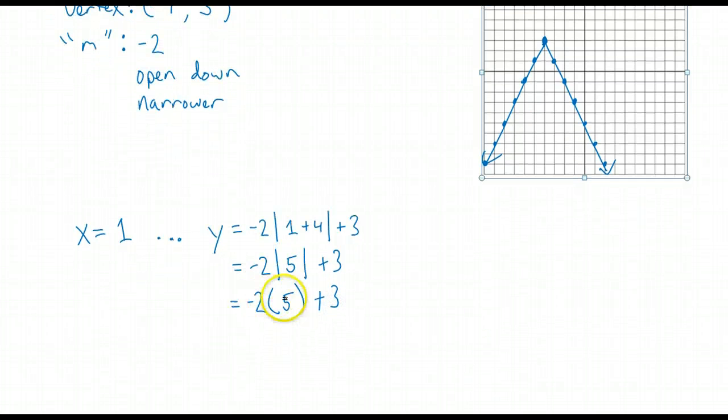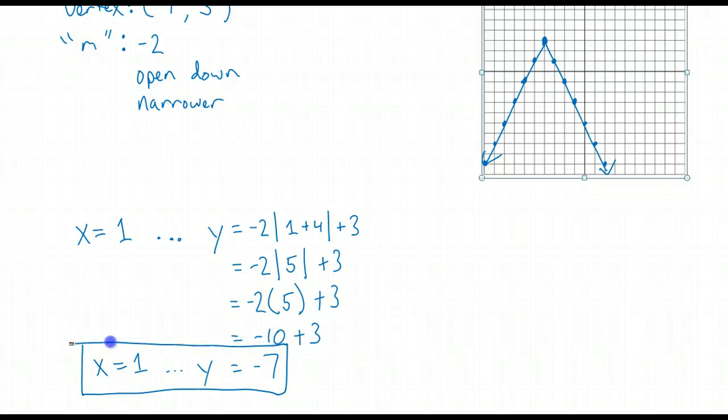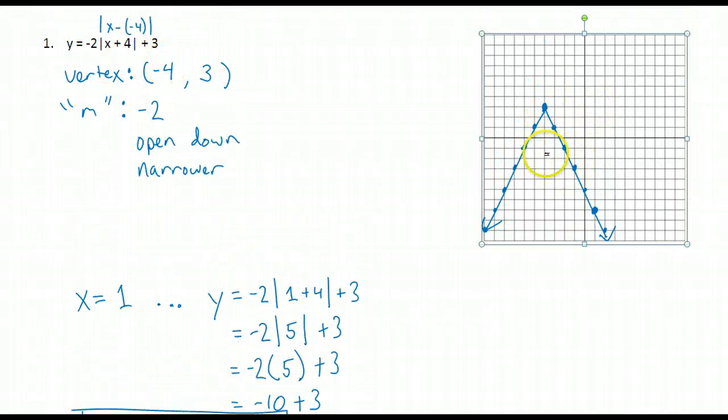So I have negative 2 times 5, which is negative 10, plus 3. Negative 10 plus 3 is negative 7. So when x is 1, y is negative 7. If I input 1, my output is negative 7. If I input 1, my output is 1, 2, 3, 4, 5, 6, 7. So this input-output relationship makes sense on my graph.